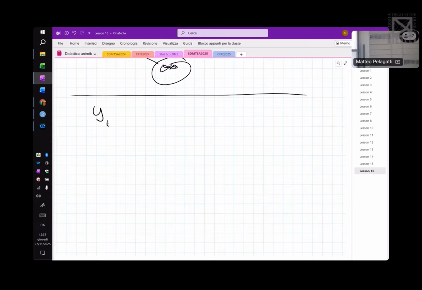regression model. And as I told you, I will put maybe a flexible component for the trend.